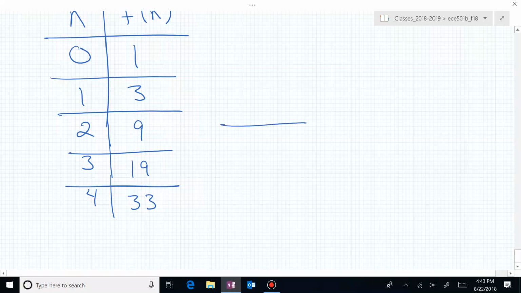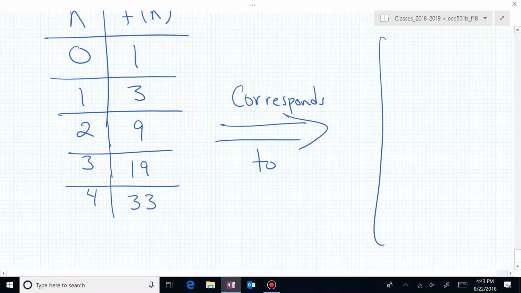So this now, you could say, oh, f really corresponds to, you plug in an n, and it will produce this infinite column of numbers. 1, 3, 9, 19, 33, on down.